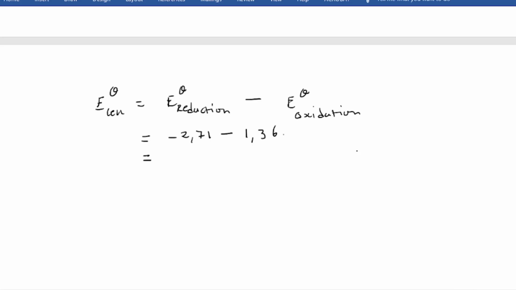Then you do your equal sign, you're going to get what? Negative 4.07 volts. Why is it negative? It's negative because it's a non-spontaneous reaction.